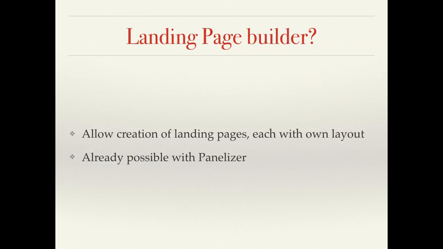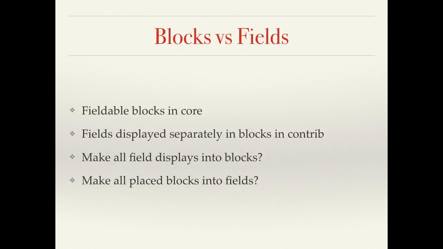You could make a field that you could optionally include on all the content entity types, where you could pick a layout. So the question was, what if you have a field on entity types and bundles that could then define the layout? And that is how Panelizer works. And I had a slide about this: what if we had fields that can contain blocks?